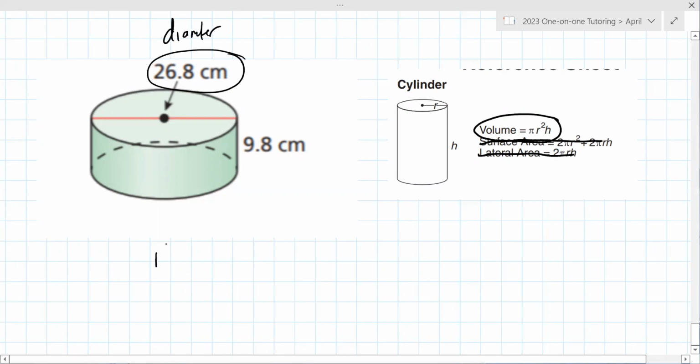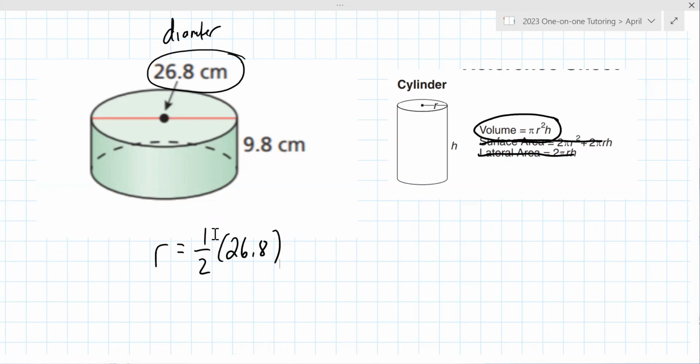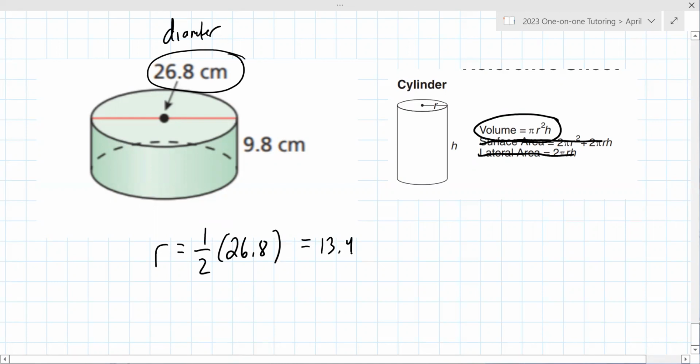So you're telling me I need to divide it? When you have to get the radius, the diameter is 26.8. The radius is half of that. I did not use my brain there. So I have to get half of 26.8, and that would be 13.4. And then I would write pi times 13.4 times 9.8.